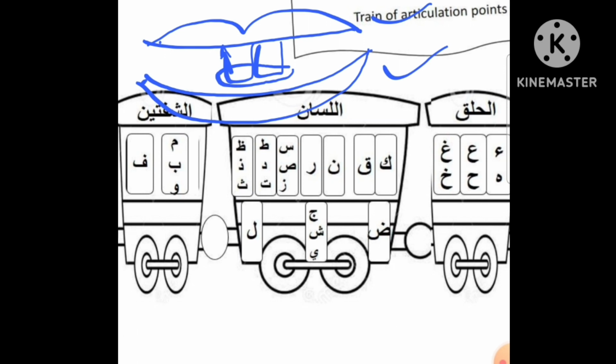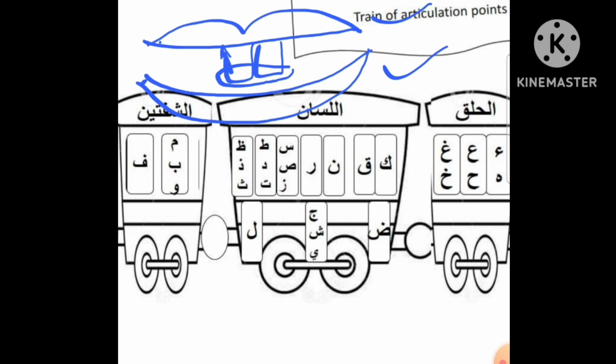Then you have to say dha, dha, and below that it is zal, and below that it is tha, tha. Can you hear the hiss sound? So this is the makhraj, the articulation point of dha, zal, tha.